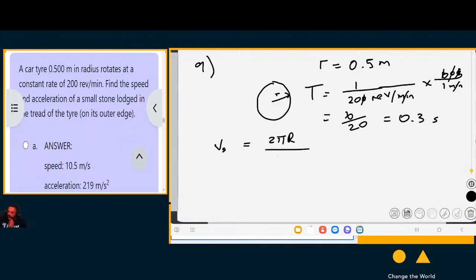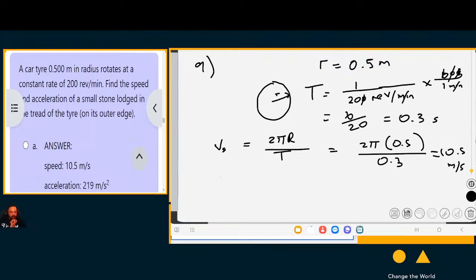It's the circumference of the tire, because that's the distance the stone is going to travel, divided by the time taken. In this case, it's 2 pi times 0.5, the radius of the tire, over the time of 0.3 seconds. That gives you a speed of 10.5 meters per second. That's the speed of the stone.